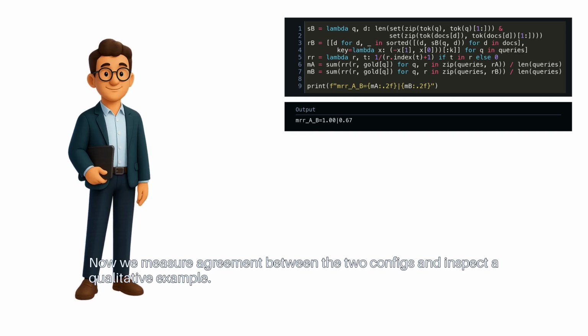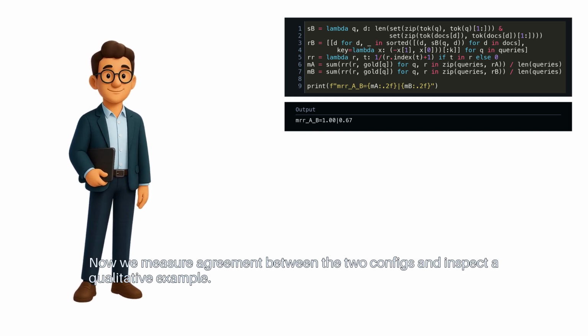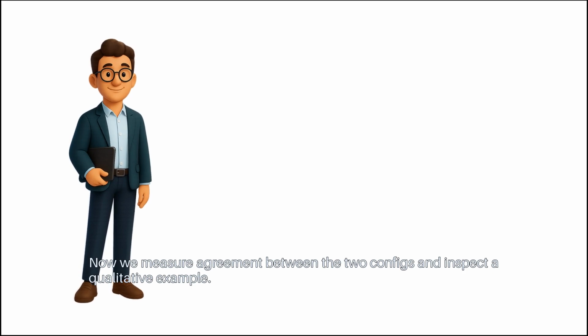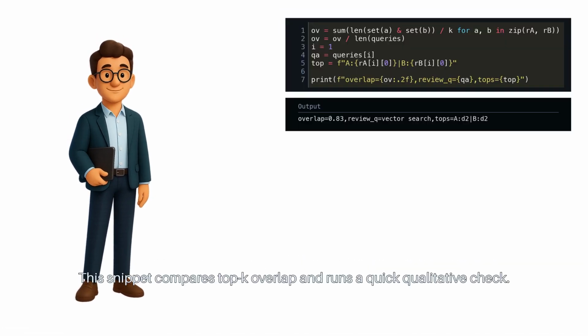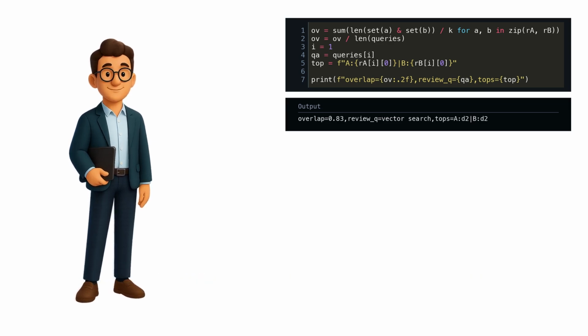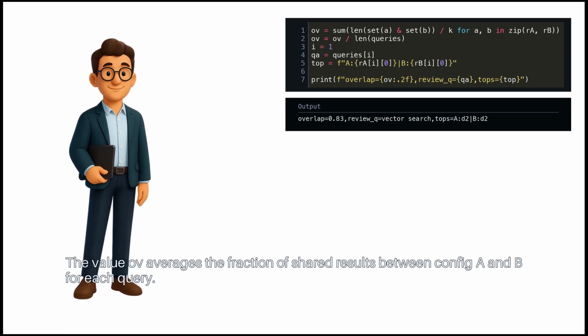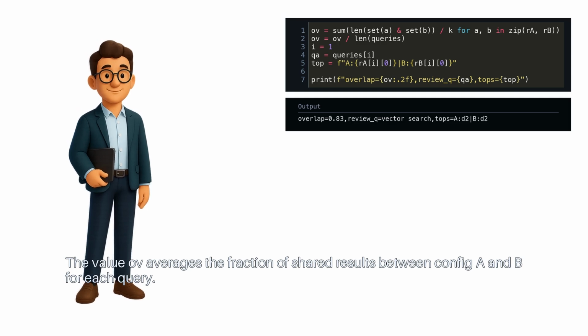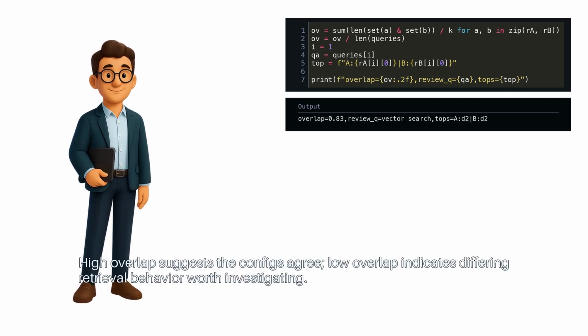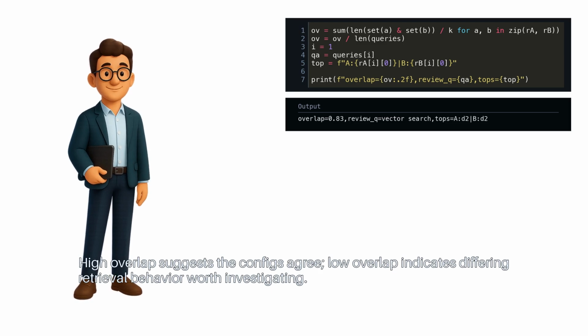Now we measure agreement between the two configs and inspect a qualitative example. This snippet compares top K overlap and runs a quick qualitative check. The value O averages the fraction of shared results between config A and B for each query. High overlap suggests the configs agree.